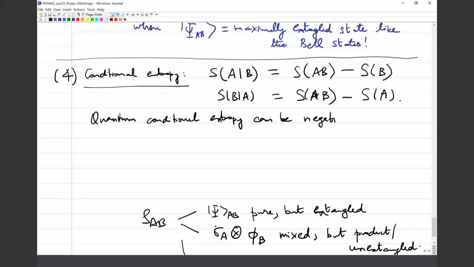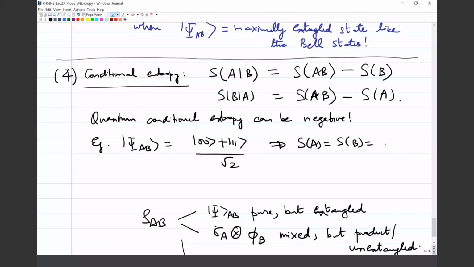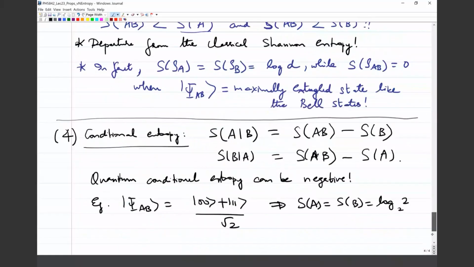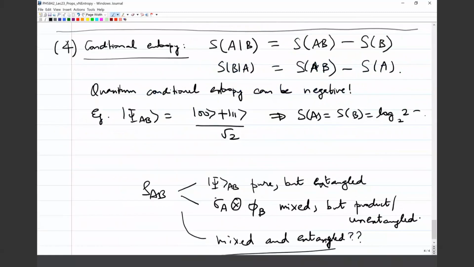And this exactly happens for the case of these entangled states, right? So the classic example of this is when my bipartite state is one of the Bell states, right? So then the local entropies are maximal, which is log 2 to the base 2, which is 1, right? But the joint entropy is actually 0.